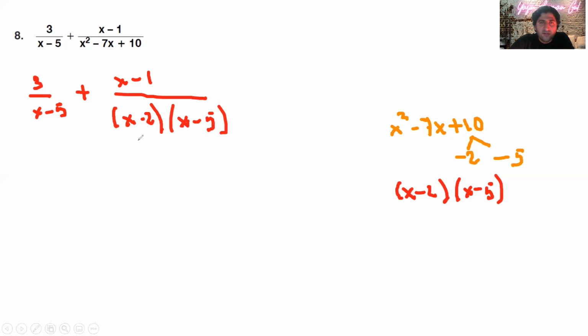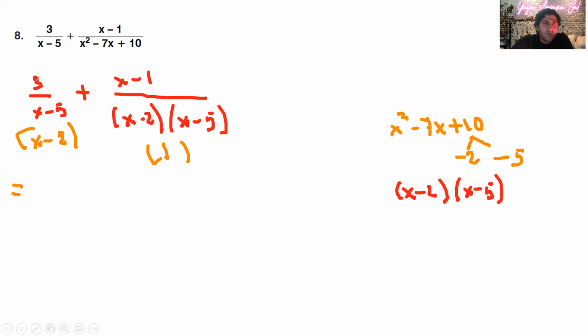You see, guys, x minus 5 is here, x minus 5 is here. So what is missing here is x minus 2. So I'm going to multiply this with x minus 2 to get the denominators the same, because the denominators aren't the same yet. So if I multiply this also by x minus 2, and I'm going to multiply this by 1, okay, which won't affect anything.